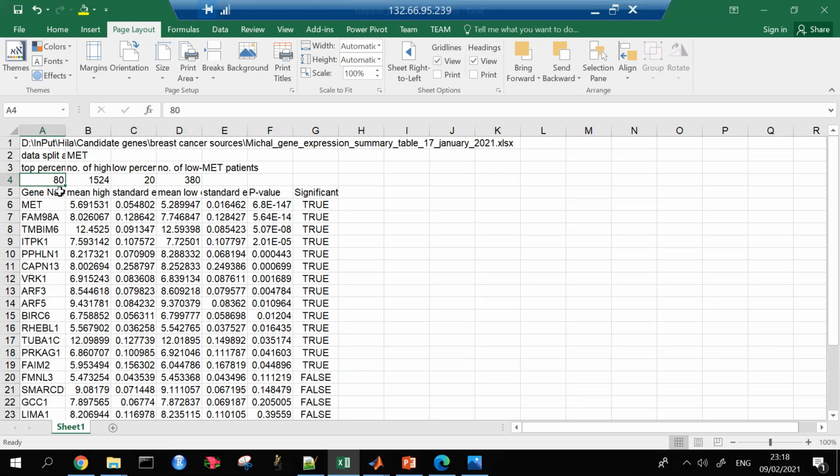So I don't know, perhaps it means that the gene itself goes hand in hand with MET expression or not. Perhaps it has high variance between the patients. And again, this time, when I say top percentage, I mean the percentage, the number of patients.